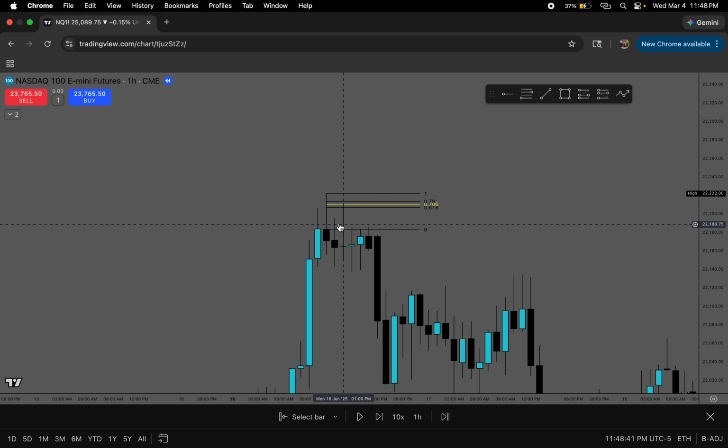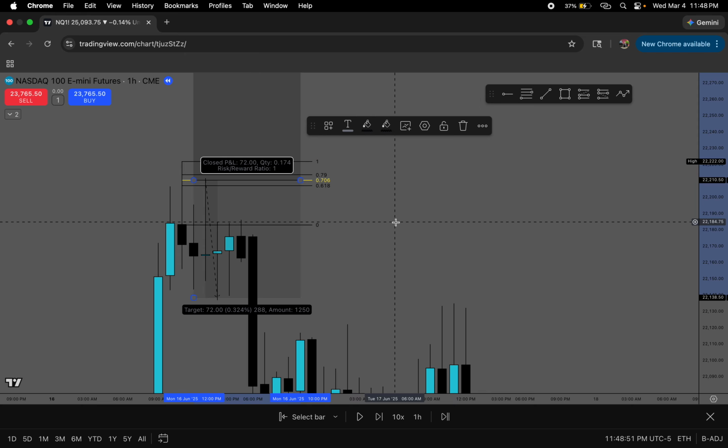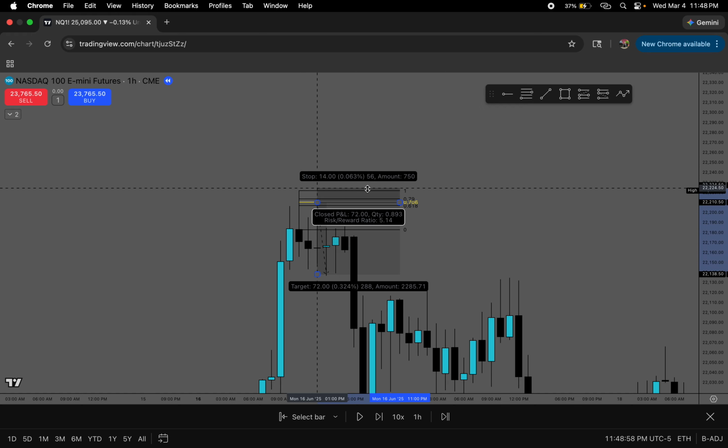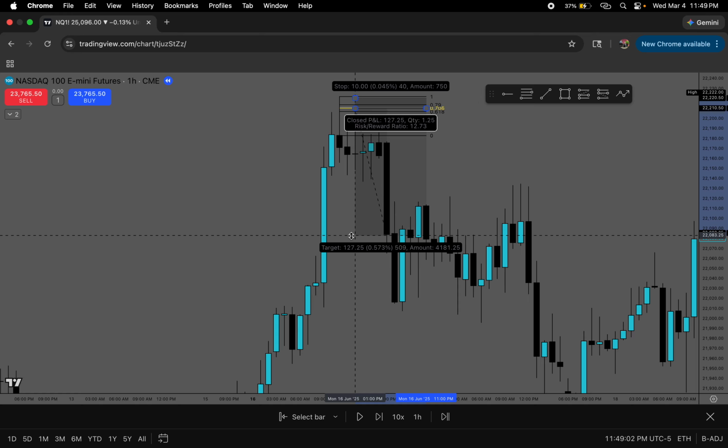We have this stacked liquidity underneath it. And we sweep it out, and we go down. You could have entered on this. Right. Oops. 10-point stop. You could have targeted this imbalance.